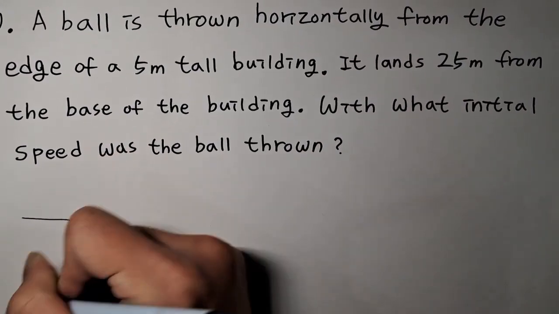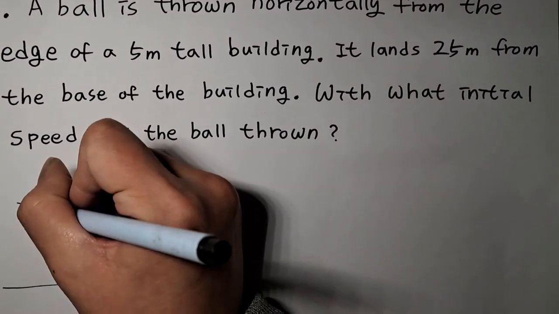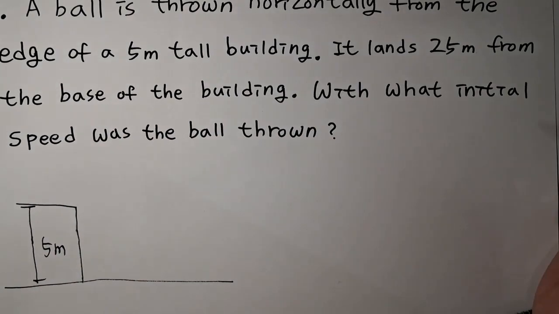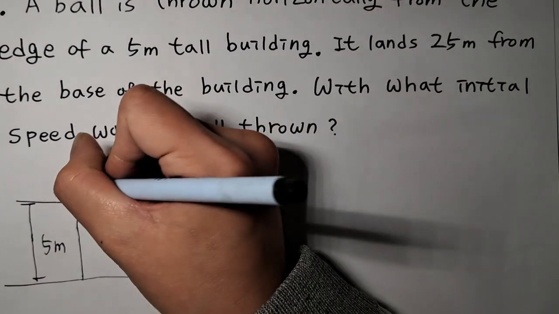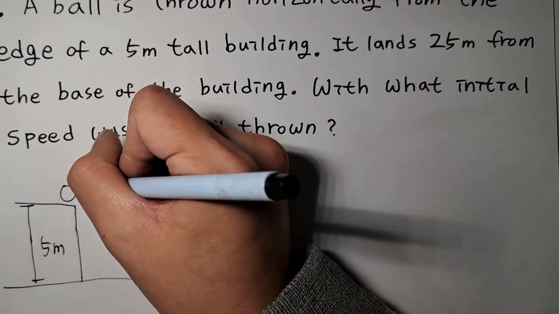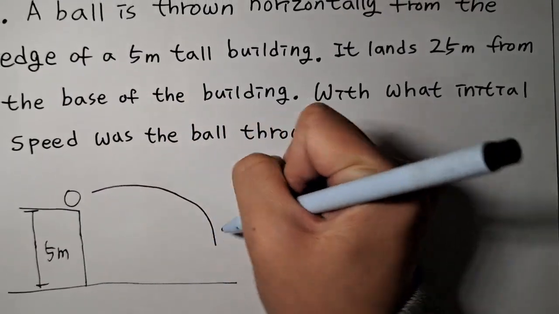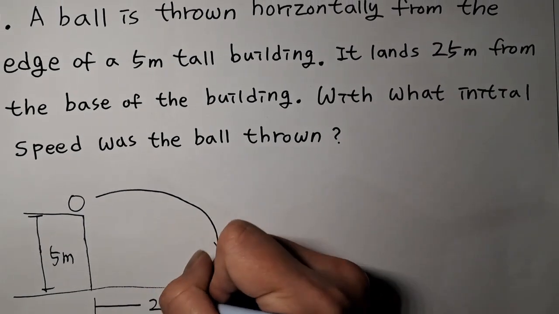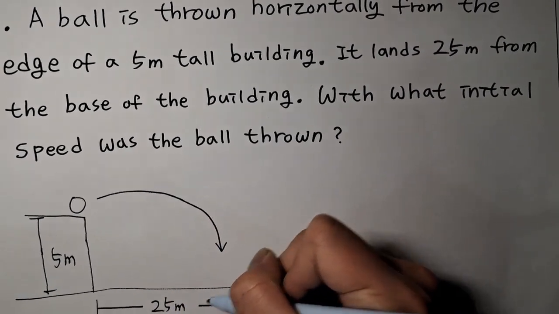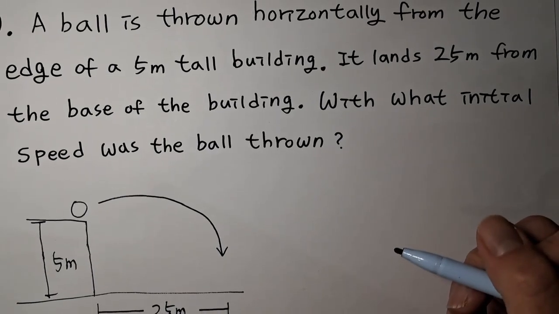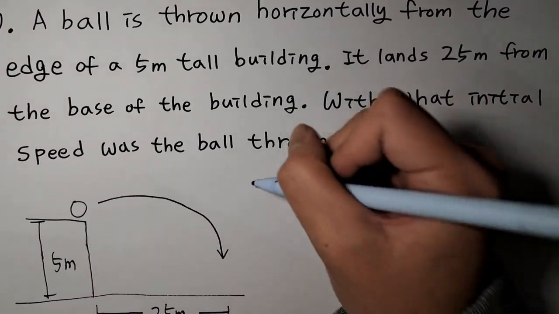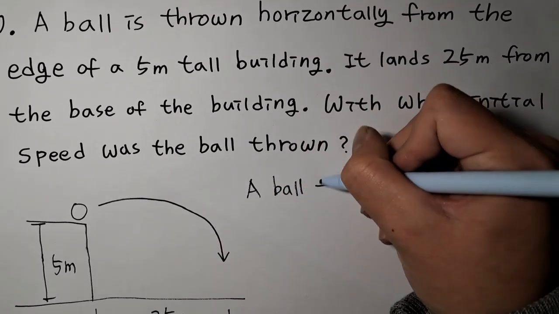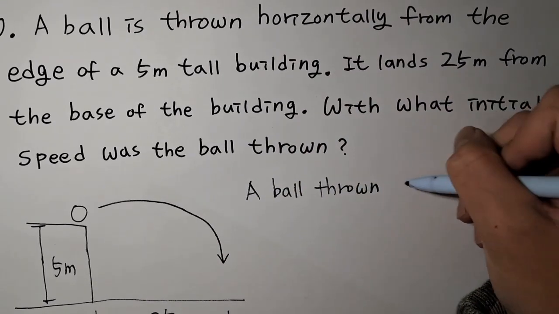So this is the building, 5 meters tall, and we are going to throw this ball, and it is going to fall. A ball thrown horizontally.